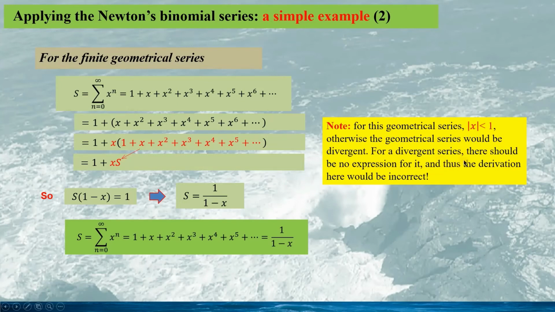And for a divergent series, we should not be able to make the mathematical derivation here. So if you are interested in why this is the case, you can watch my talk on mathematical tricks on harmonic series, and we will see more information on this limit. The absolute value of x is smaller than 1 for this geometric series.